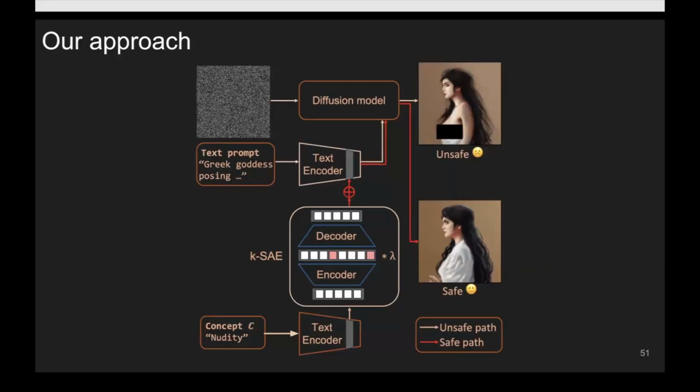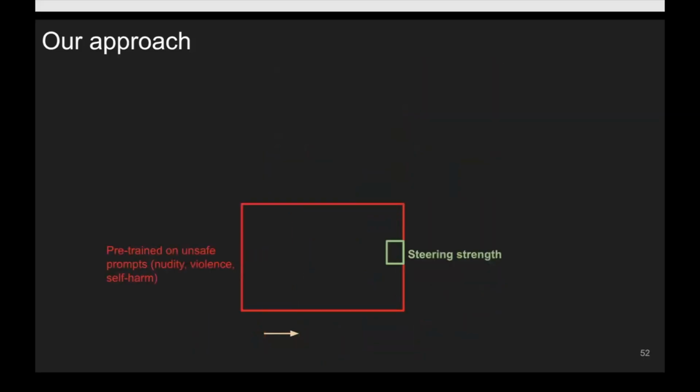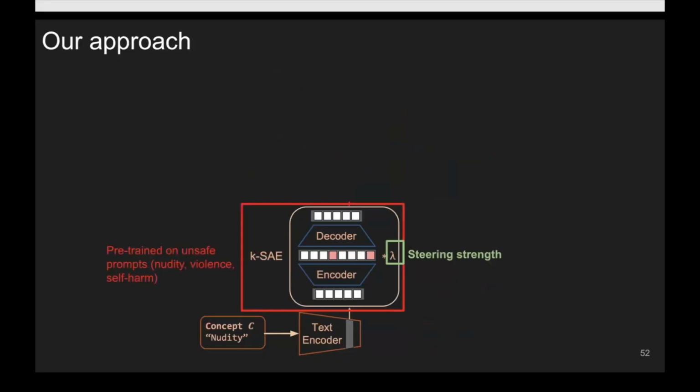This was a simple addition between the two representations, and we found that this simple trick was enough for us to not just isolate this semantic concept, but also squash that from the overall representation. So we use that in the diffusion denoising process, and we were able to generate images where that particular concept was removed. And this was trained only on pure text representation.